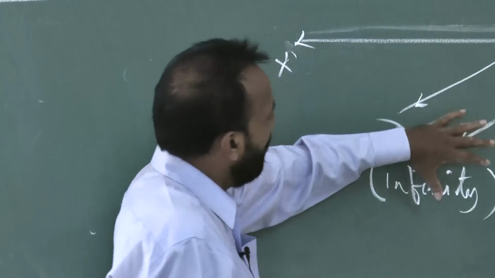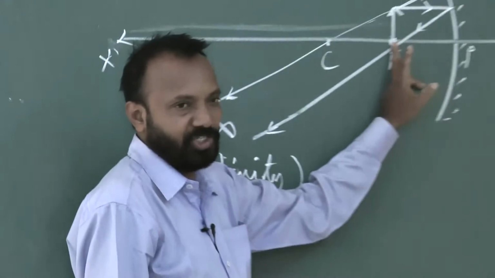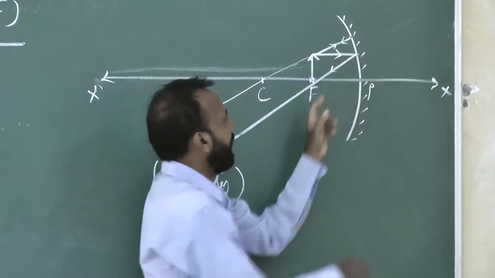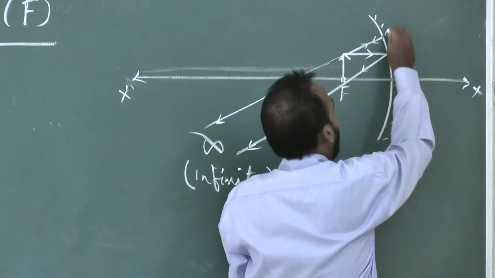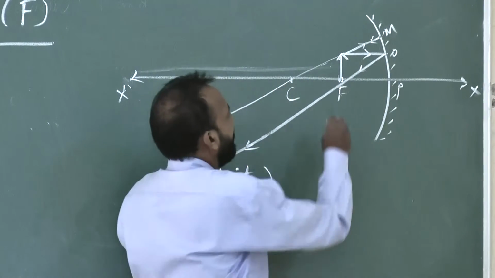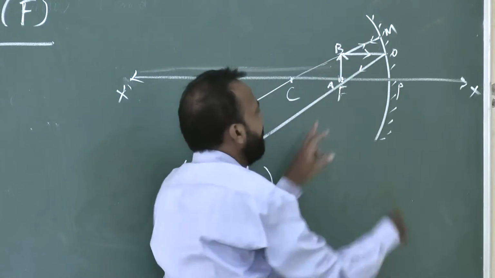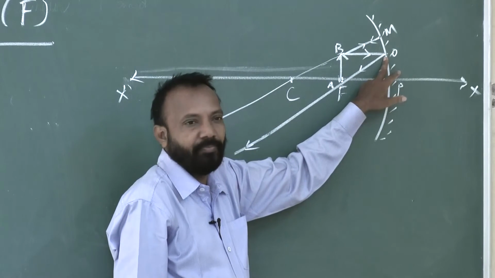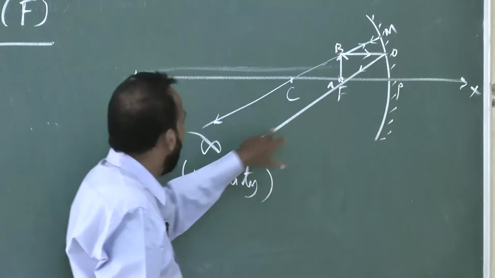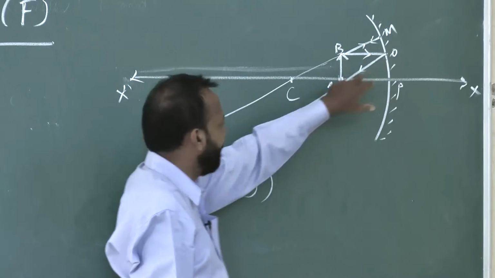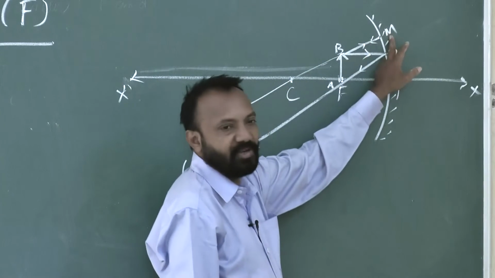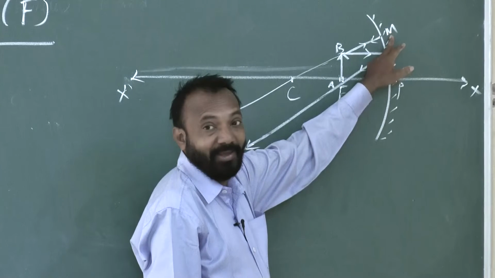Now what happened? The object is at focus. One of the incident rays is falling on point O. I will name this object AB. So BO is the incident ray, and this line OF is the reflected ray. Now BM is another incident ray falling on the mirror.